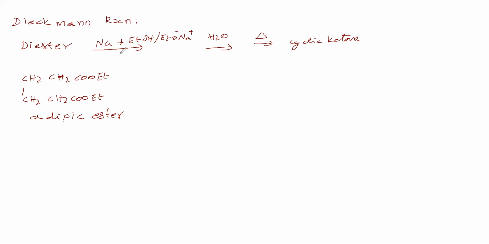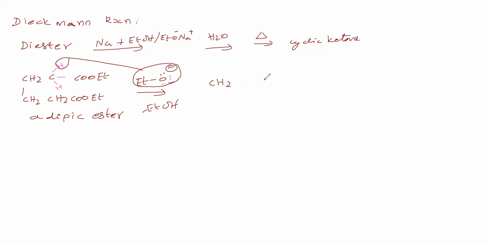That we will see. First, we treat it with ethoxide. Ethoxide is acting as a base, therefore it is subtracting an alpha hydrogen. This ethoxide subtracts this alpha hydrogen and becomes ethanol.